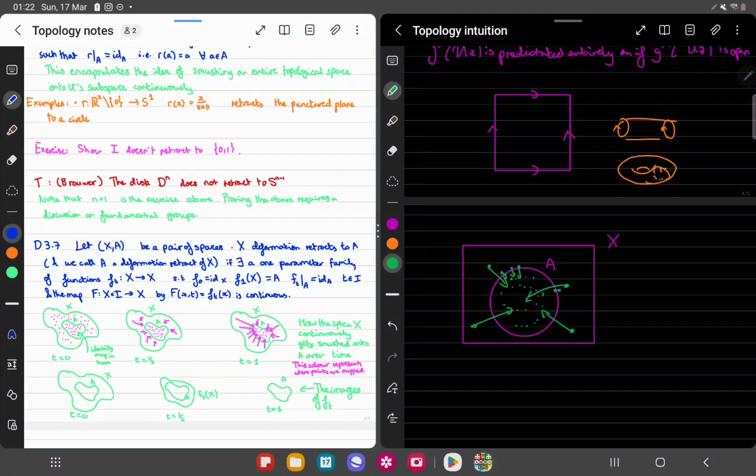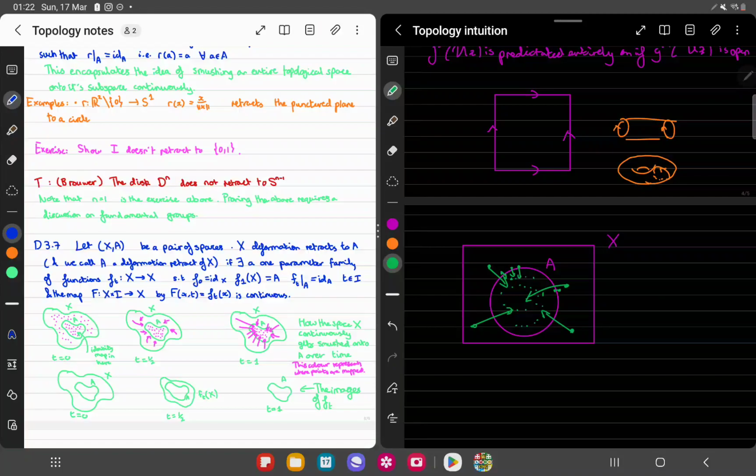Example: R squared without the origin, the punctured plane, collapses onto the unit circle. I didn't come up with this, I'm not a genius. It's just the map that scales every point linearly down.